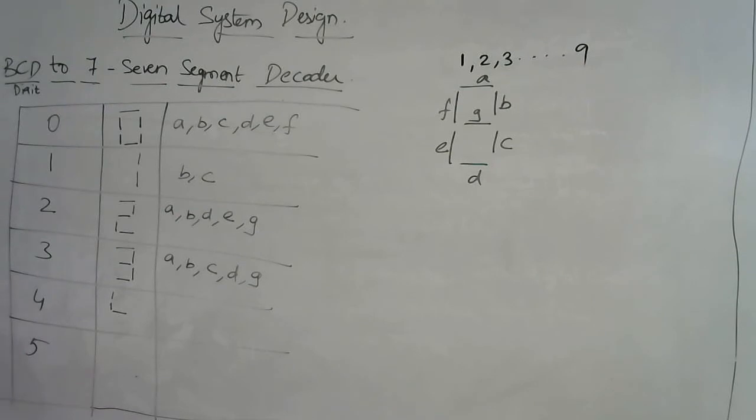For 4, you need to represent 4 as the value which is equivalent of this. So here this is the 4 which you can represent.